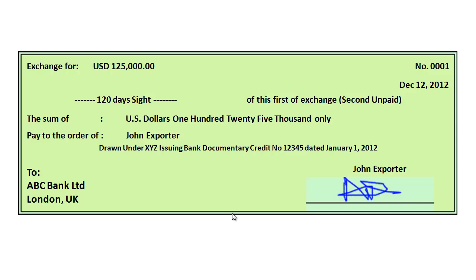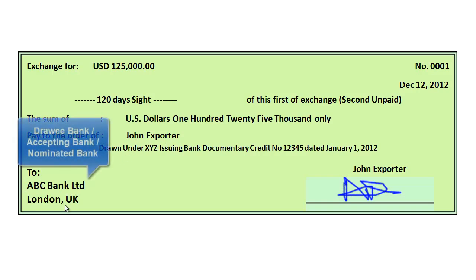This is the example of bill of exchange used under acceptance LC. Here is the amount of the bill, date of the issuance, and tenor of the bill. The tenor of the bill depends on the mutual agreement between the buyer and the seller, and the amount in words paid to the order of the exporter or the beneficiary or the seller.